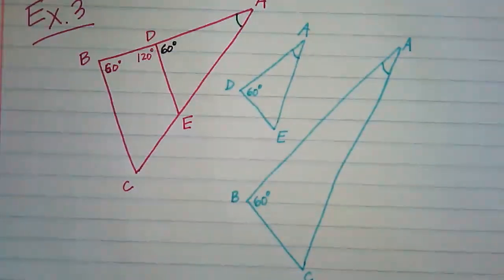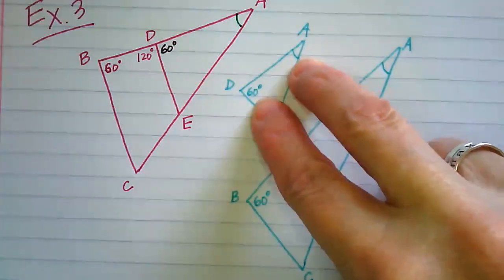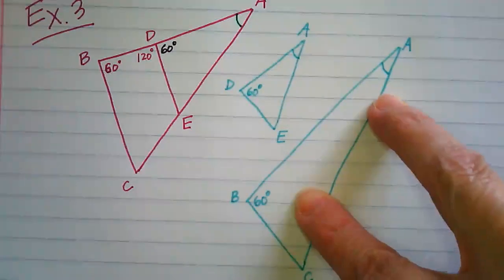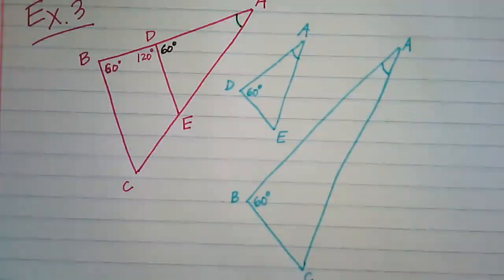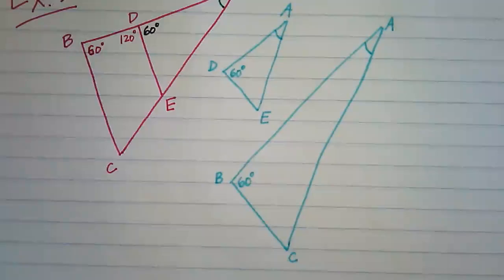If you remember from our last video, as long as two angles of one triangle are congruent to two angles of another triangle, that's enough to prove that they're similar, because we could figure out the third angle.